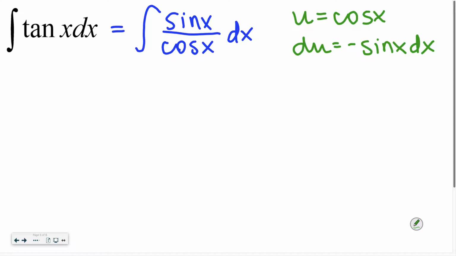You see what I'm saying there? That would not be helpful. So if we let u equal cosine of x, du is negative sine of x dx. And do we have sine of x dx? We do. So this would become negative integral of 1 over u du.